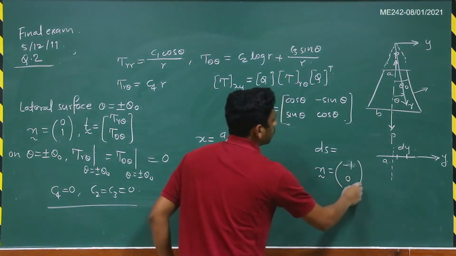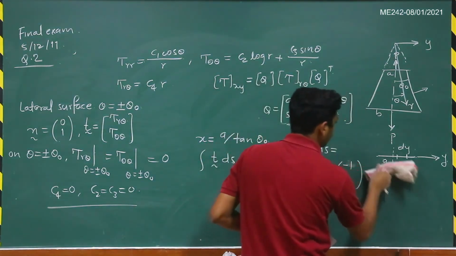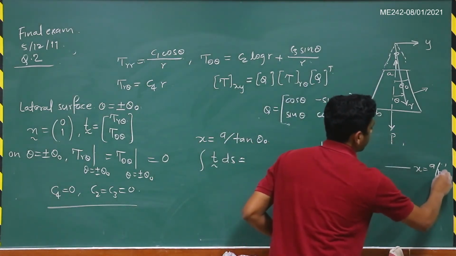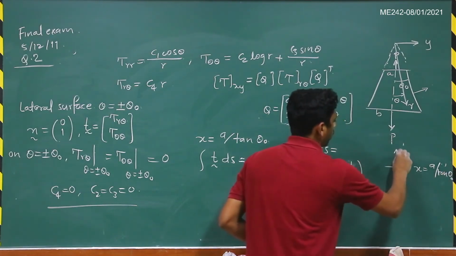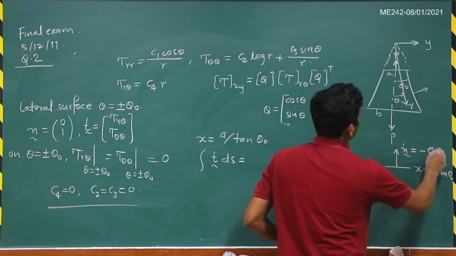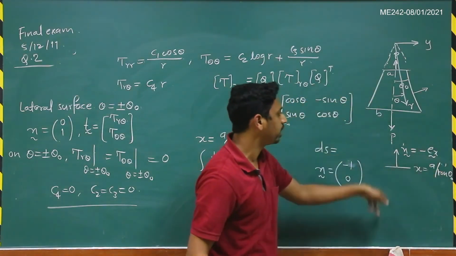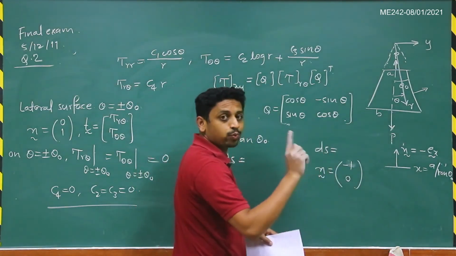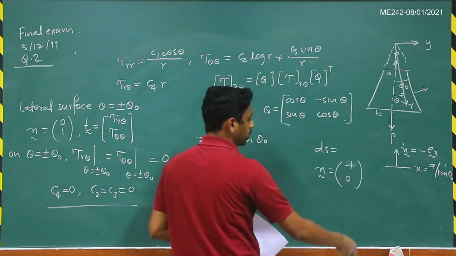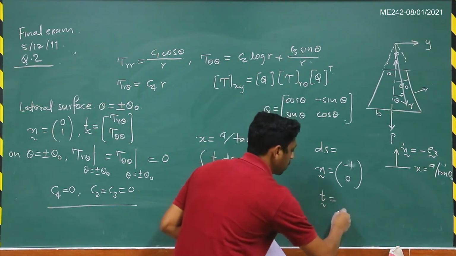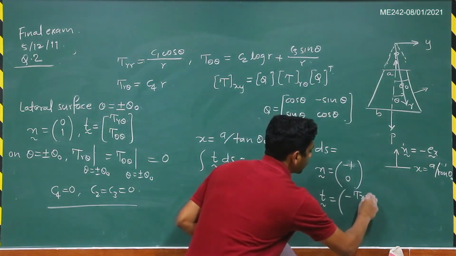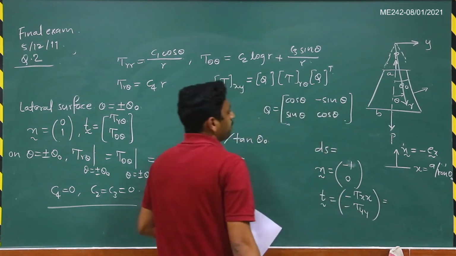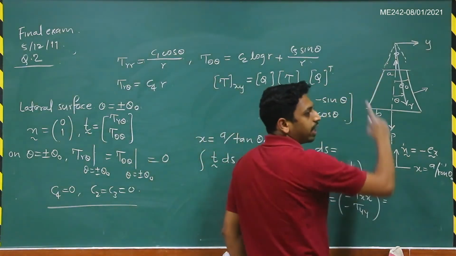The normal to this surface is pointing toward this side, which will be minus of ex, because x is pointing downward. The surface is x equal to a by tan theta naught, and the normal will be written in the xy or Cartesian coordinate system as minus 1 comma 0. So the tractions acting on this particular plane would be minus tau xx, minus tau yy, which would be equal to minus P comma 0, since P is acting in the negative ex direction.